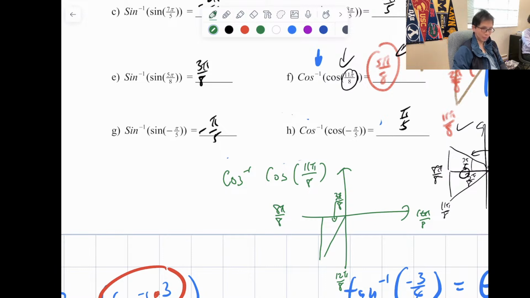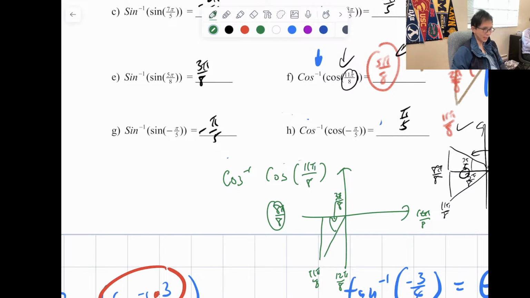Why is it 3 pi over 8? Because it's the closest angle to the x-axis. So this is 11 pi over 8, this is 8 pi over 8, and that's the difference, 3 pi over 8. So you say, okay, it's 3 pi over 8.